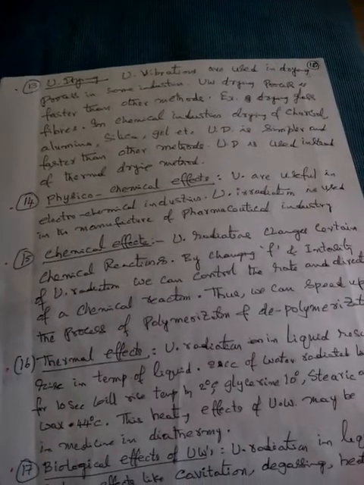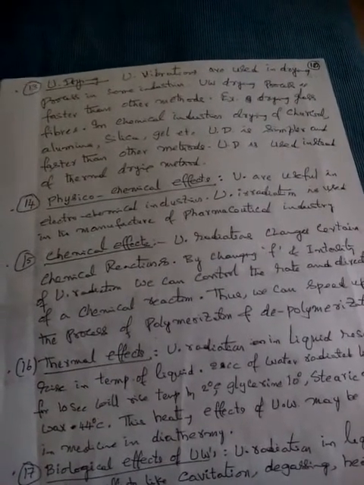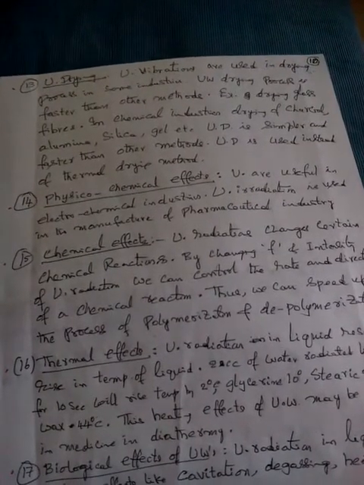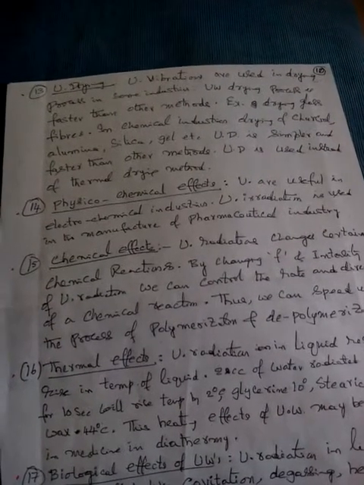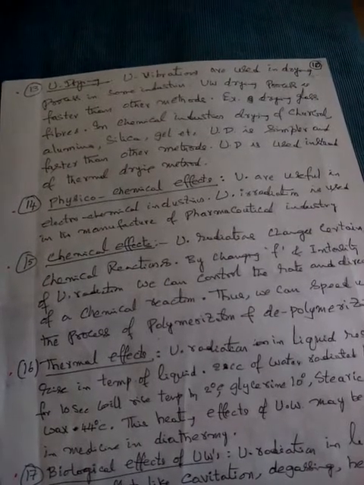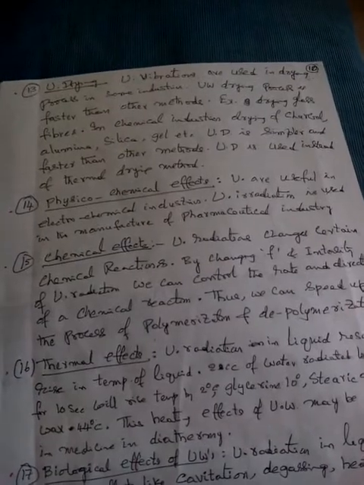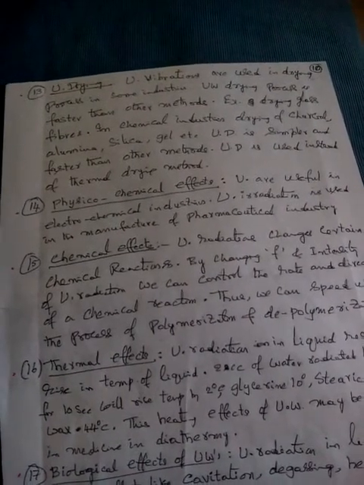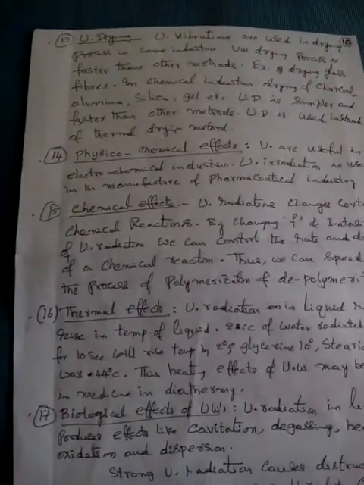We can control the rate of chemical reaction and also the direction of chemical reaction. Thus, we can speed up the process of polymerization and depolymerization. These are nothing but chemical effects of ultrasonics.